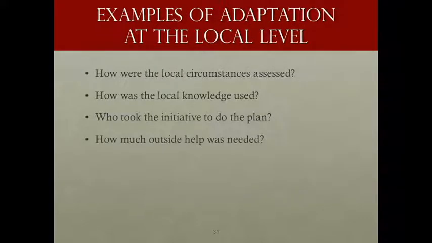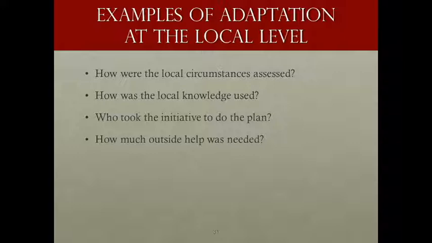And so at the local level, we need to ask or think about how do we understand the local circumstances? Who was the one assessing the local circumstances? Did we have everybody participate? Or did we have only the leaders participate? Who are the leaders?